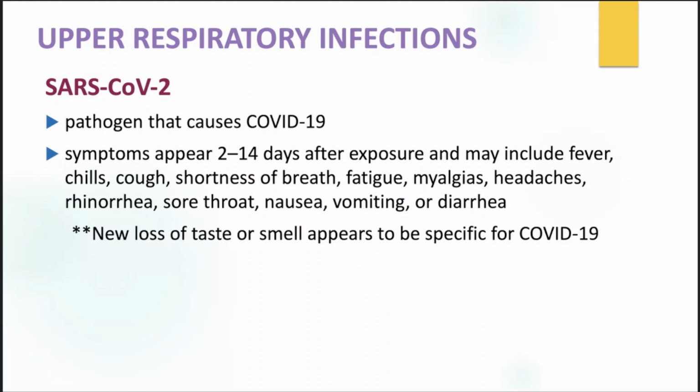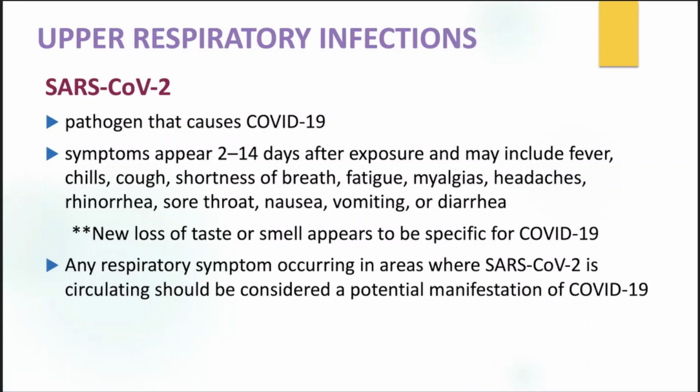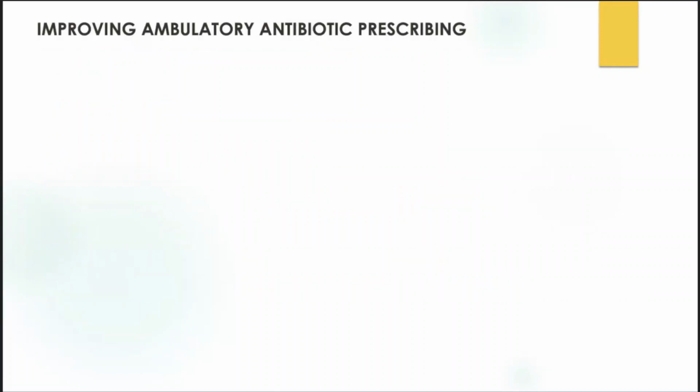The new loss of taste or smell that was very prominent in the first variants of COVID-19 appears to be a specific symptom for SARS-CoV-2. So any respiratory symptom that occurs in areas where SARS-CoV-2 is circulating should be considered a potential manifestation of COVID-19.